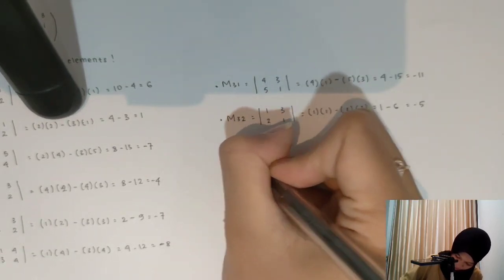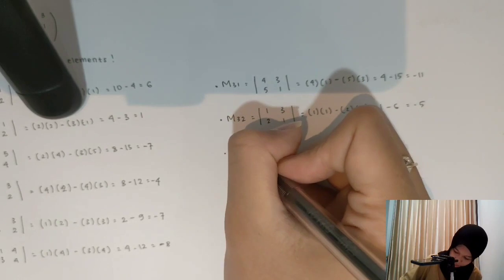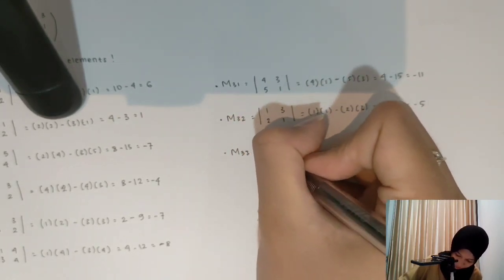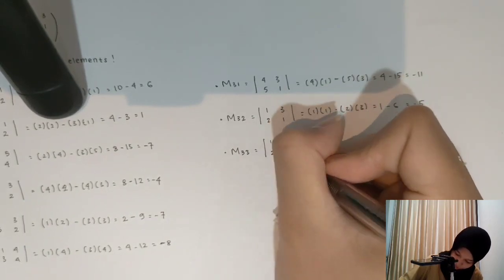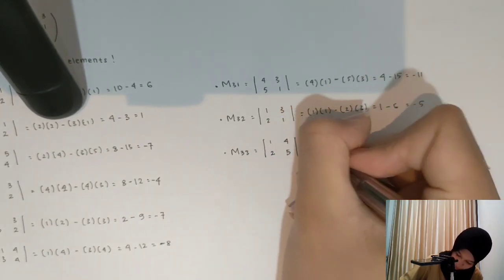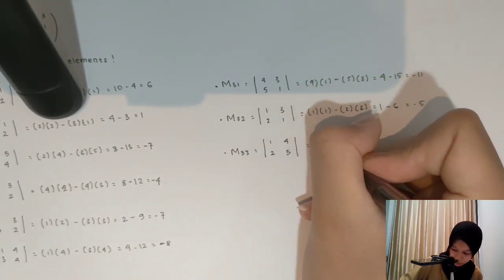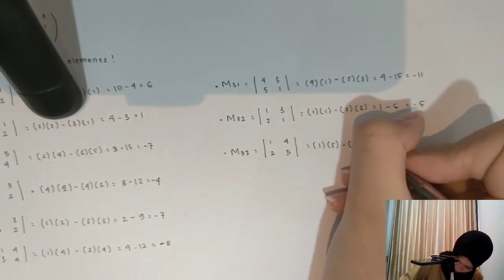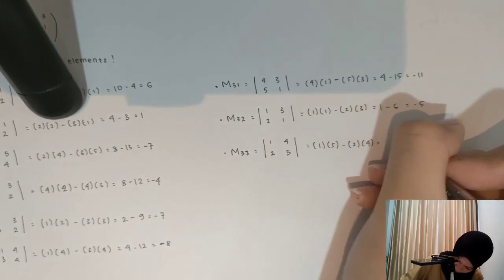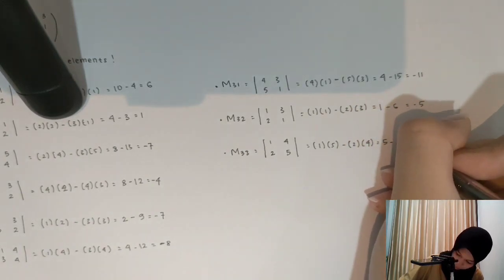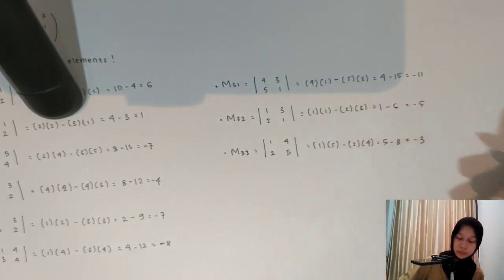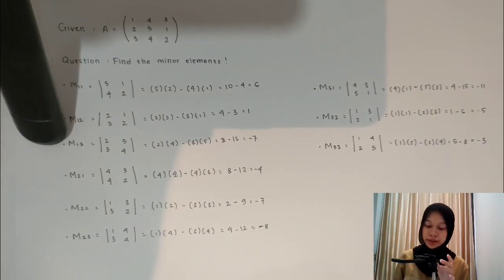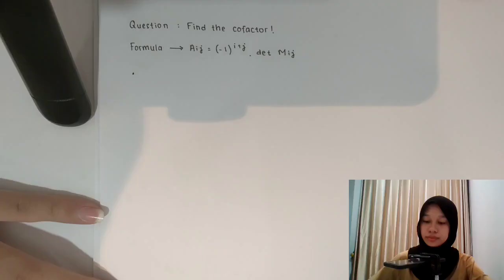And the last one, minor row 3, column 3. Okay, so these are the minor elements of matrix A.